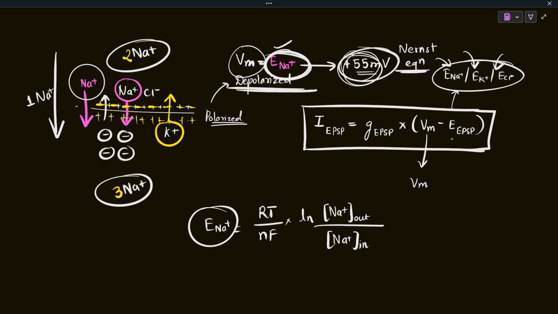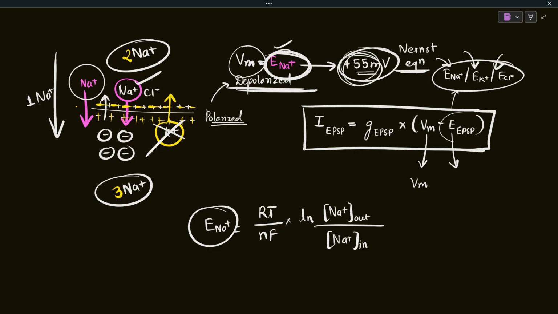So how was that deduced? Let's say when the Vm gets equal to the equilibrium potential of sodium ions. Hypothetically, we are forgetting about the potassium ion currents and only looking at the sodium ions. So let's say only sodium ion is moving from outside to inside.